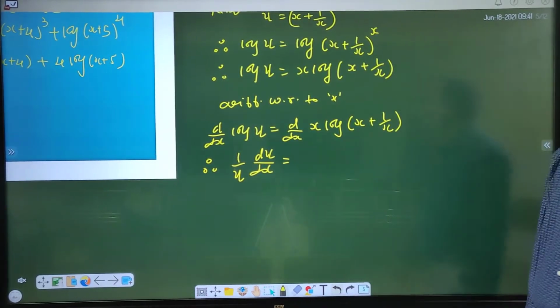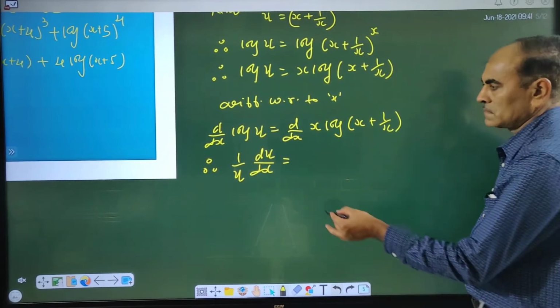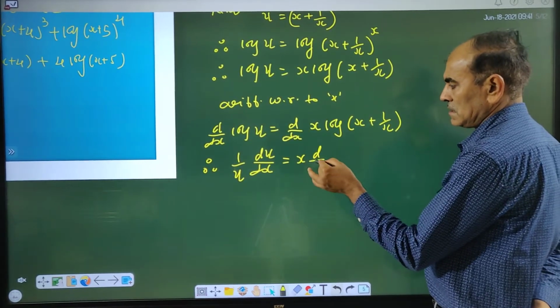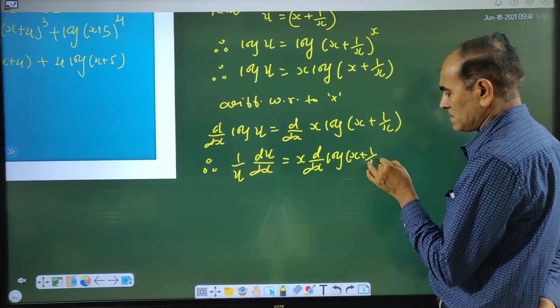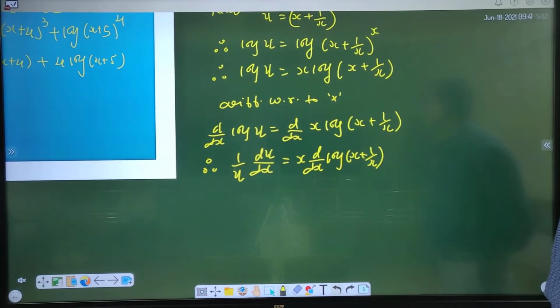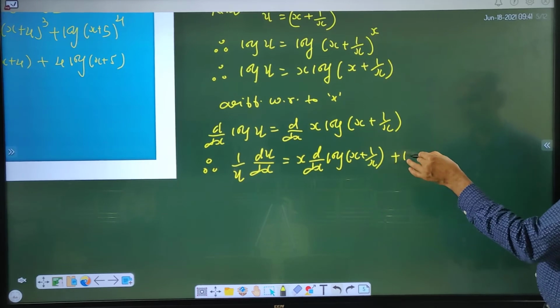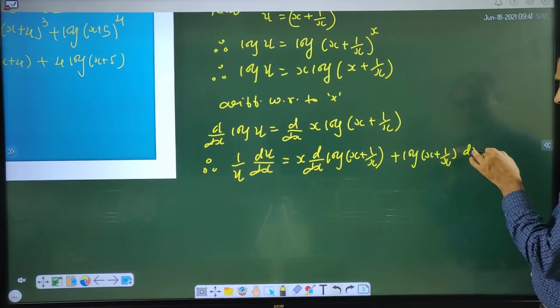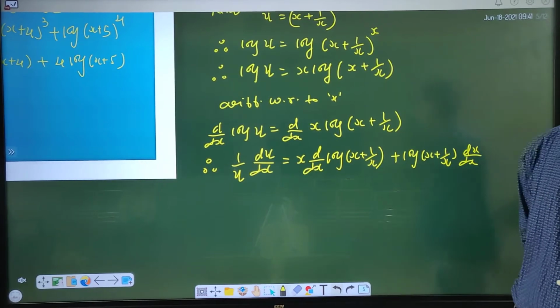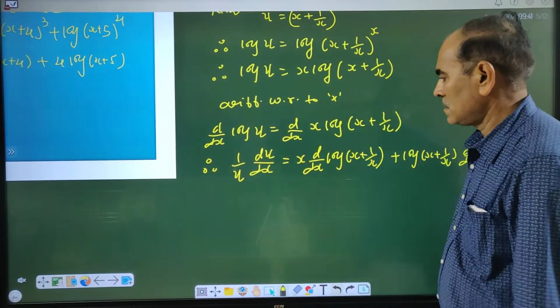Here we have to apply product rule. x into d by dx of log of (x plus 1 by x) plus log of (x plus 1 by x) into dx by dx. That we know.